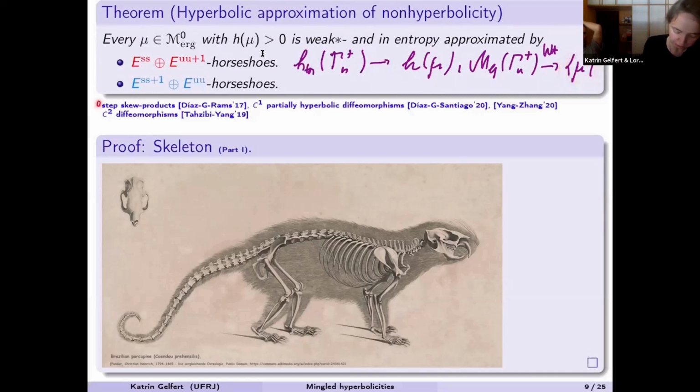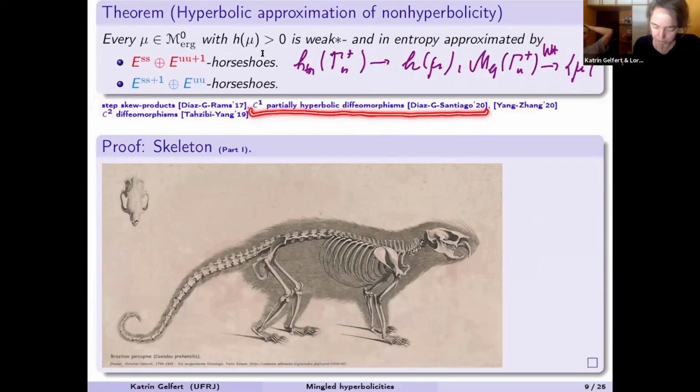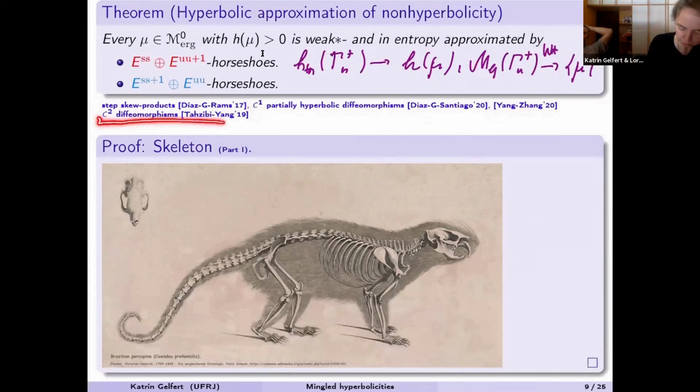So this was done for step skew products in the work with Lorenzo and Michal. There's also a version for C1 partially hyperbolic diffeomorphisms with Bruno. Yang and Sheng also worked on this, and while we're not the only ones studying in this direction, I would like to mention also the work by Alita CBE and Jiagang Zhang for C2 diffeomorphisms.